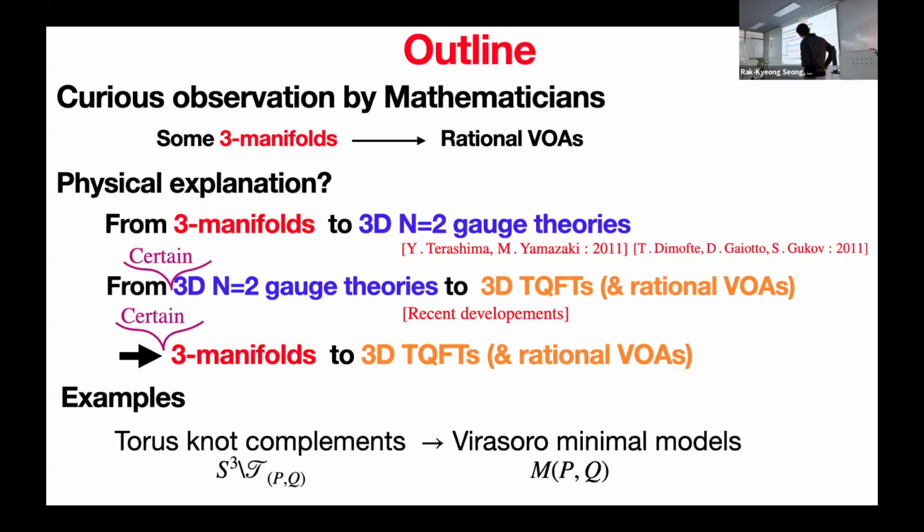Each step is very well understood, so I will just apply all these well-developed techniques to the torus knot, and it turns out that naturally I get the Virasoro minimal model from this map. This is the main result. For the rest of my talk, I will focus on explaining these two correspondences.